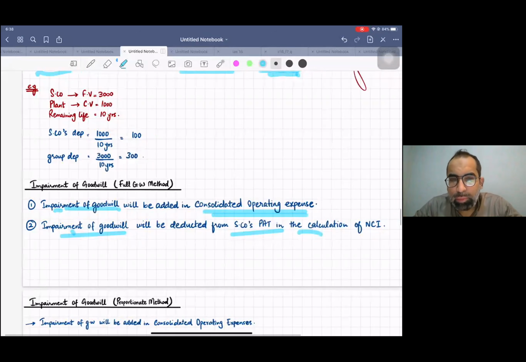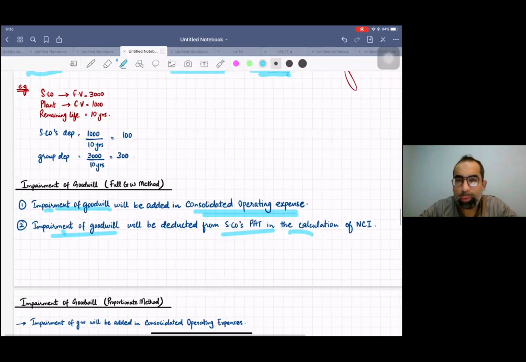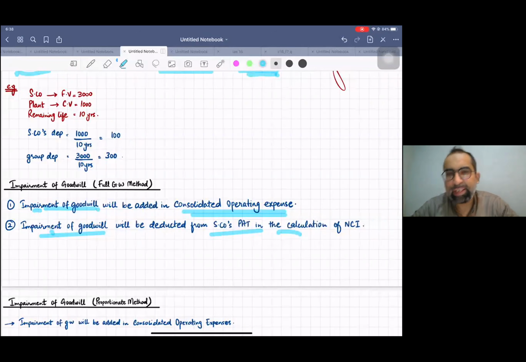But now, what if you are doing it with proportionate method? Think over it. If you are doing the same impairment of goodwill adjustment with proportionate method, remember I taught you in the beginning, in proportionate method, goodwill is only 80% recorded. For example, parent company just holds 80% shares of S company. So the goodwill in the consolidated books is only 80%.